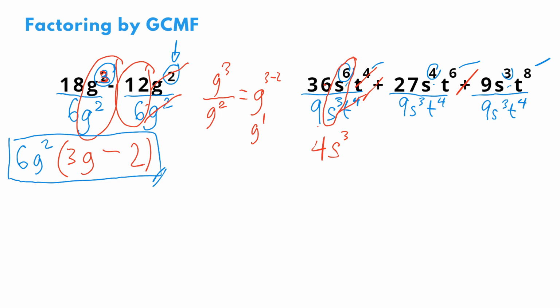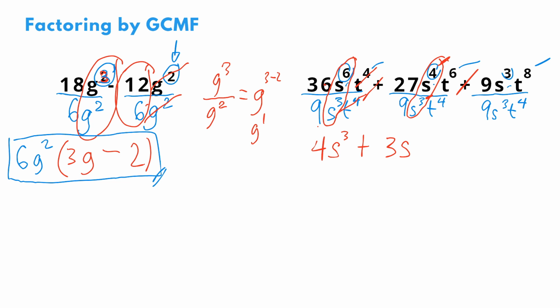Then you put here plus 27 divided by 9. That will give us 3. Next, s raised to 4 over s raised to 3. Again, quotient rule. We copy the base, we subtract the exponents. What's 4 minus 3? That's going to be 1, right? But again, there's no need to put the 1.